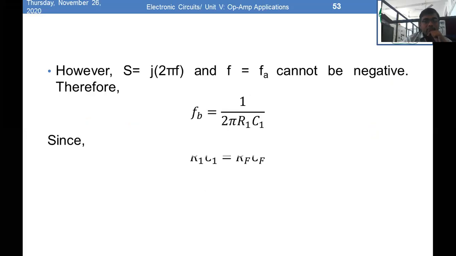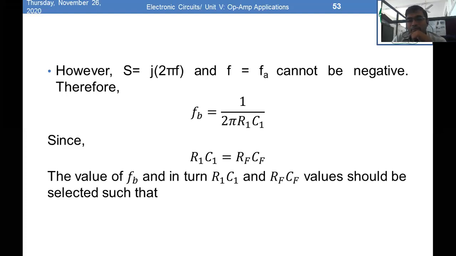Okay. So in this case, we know that R1 C1 is equal to RF CF, which means FB could also be written as either 1 upon 2 pi R1 C1 or 1 upon 2 pi RF CF.